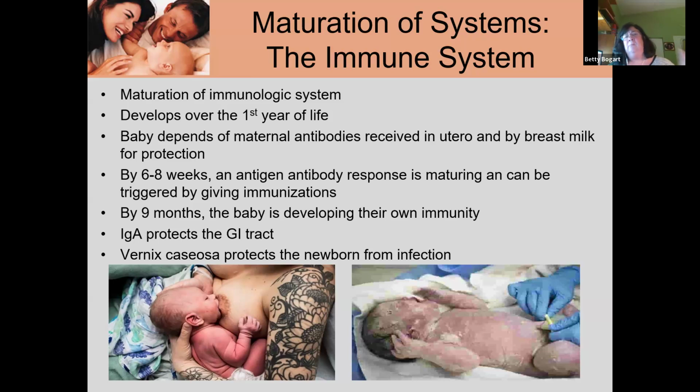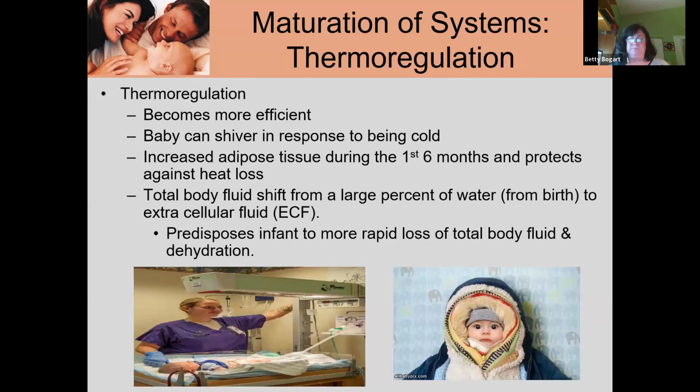And again, mommy at birth gives so much to the baby, and to continue that, that's why we encourage breastfeeding, because as mom is producing milk, she's also, let's say she's fighting a cold or has been exposed, or has antibodies, she's going to pass that through her milk for her infant. Okay. And we know infants, at about 9 months, start making their own immune system.